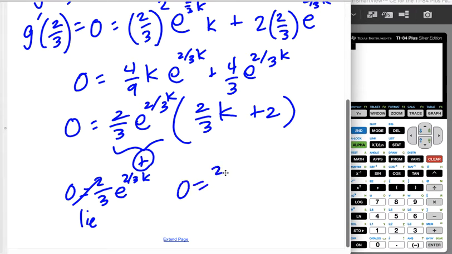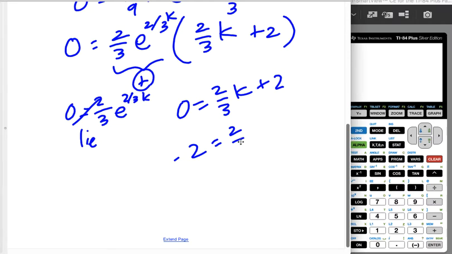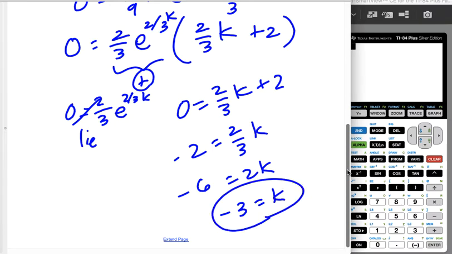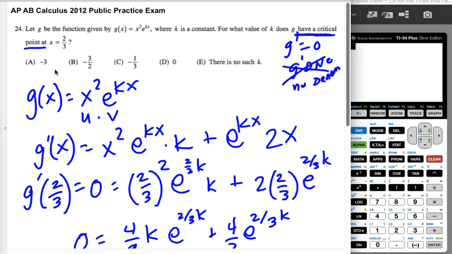So 0 has to equal 2/3 k plus 2. So negative 2 equals 2/3 k. Negative 6 equals 2k, and I think I get negative 3 as my k, which is probably an answer up here somewhere. It's answer A.